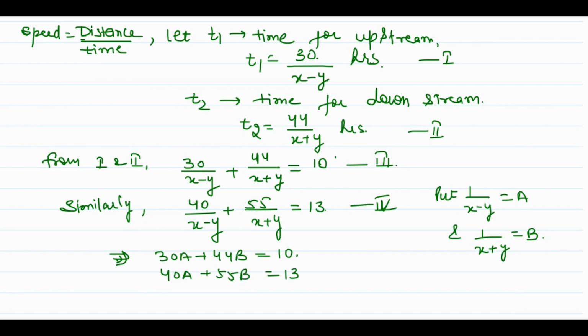I can see that here in the first one I can cancel a 2 throughout. So if I take a 2 common, I'll have this as 15, this 22 and this 5. So overall this equation will reduce to 15A plus 22B is equal to 5. I'll take these two, let me mark them as 5 and 6, and I'll take these two to the next page.